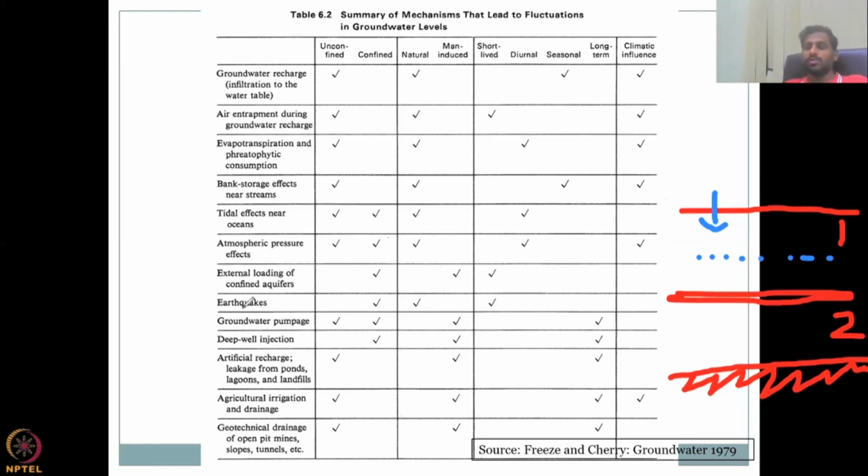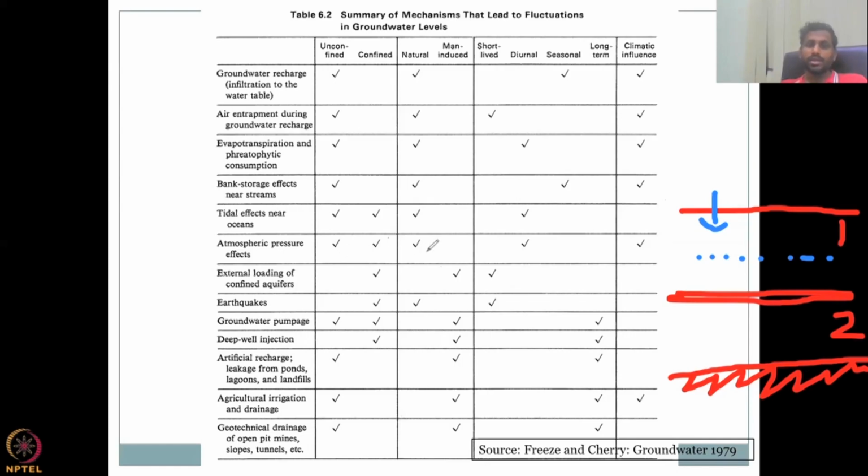We saw this in the first couple of classes. And that is purely happening as a climate influence factor, because the climate changes your atmospheric pressure. It can happen from unconfined or confined aquifers, basically where your well is placed.